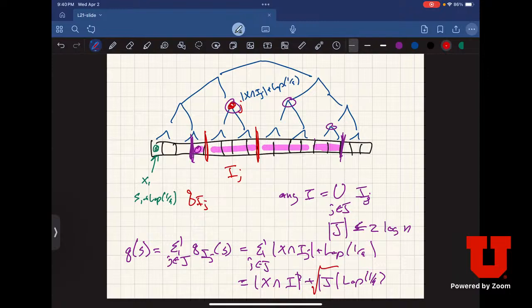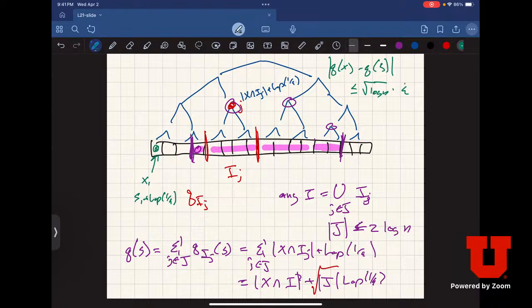So if I do this properly, the query on x minus the query on S, the difference, is going to be square root of log n, maybe there's a factor 2 in front here, divided by epsilon.